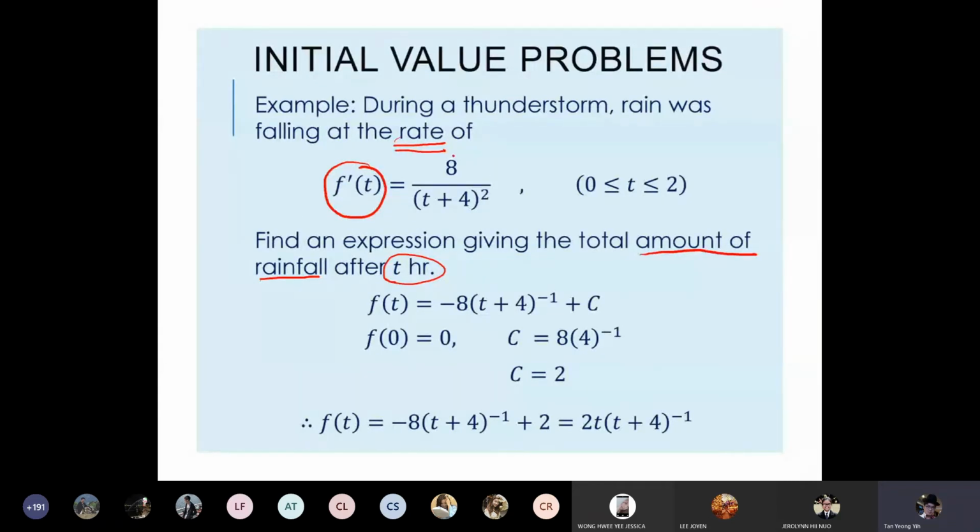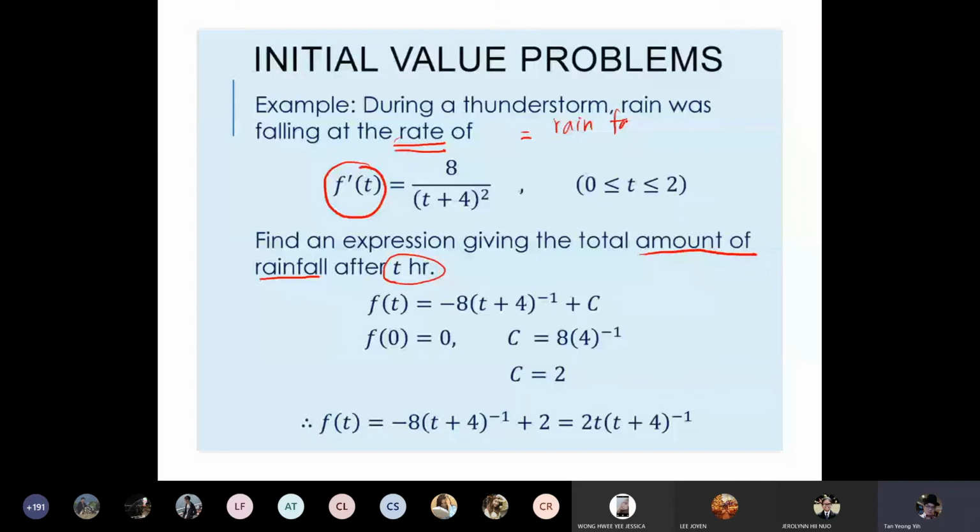Rate here is always per 1. What is the rainfall per 1 hour? This is the F prime. So the differentiation is the rate, always referring to 1 hour, 1 unit here.